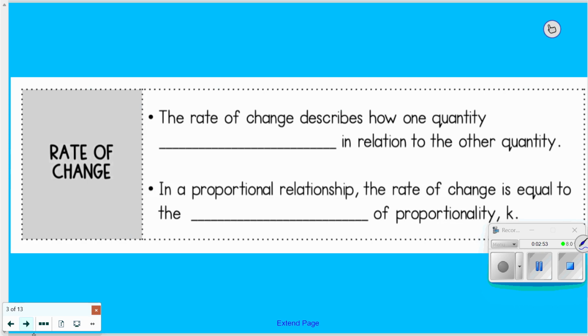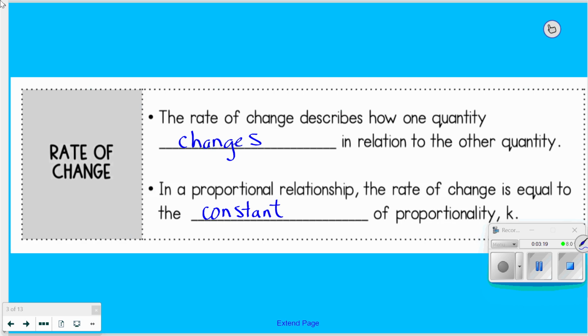Okay, moving on to our next problem. The rate of change describes how one quantity changes in relation to the other quantity. In a proportional relationship, the rate of change is equal to the constant of proportionality, or k.